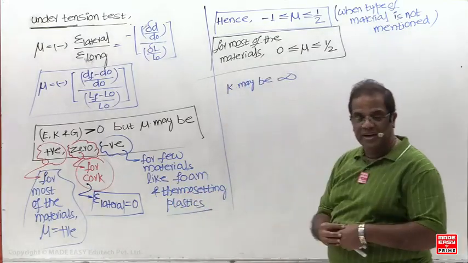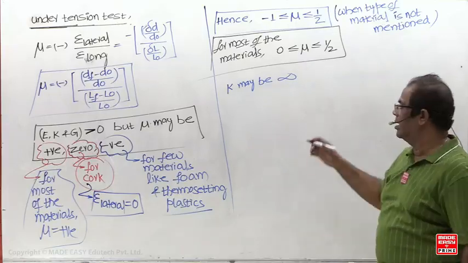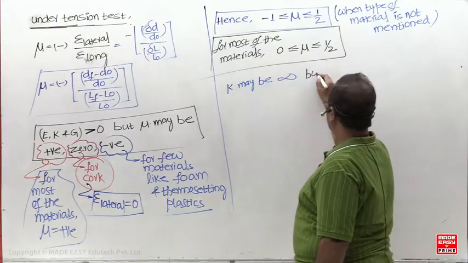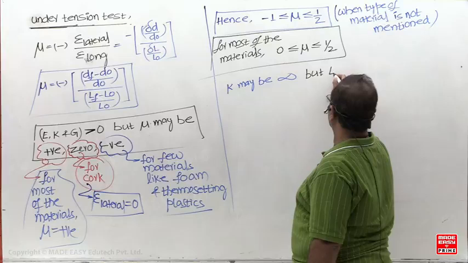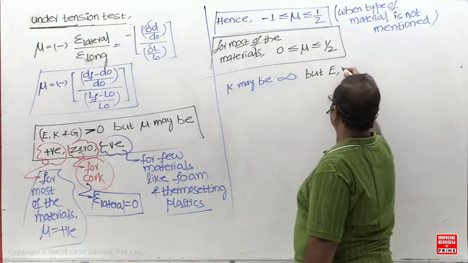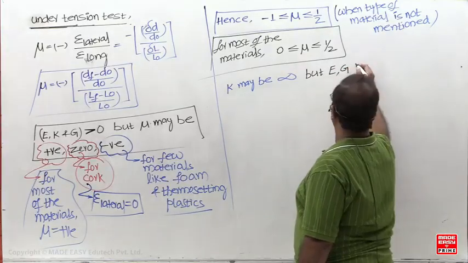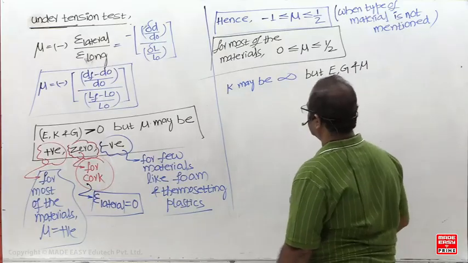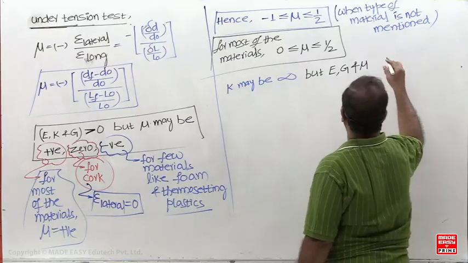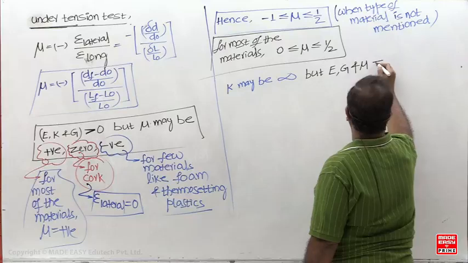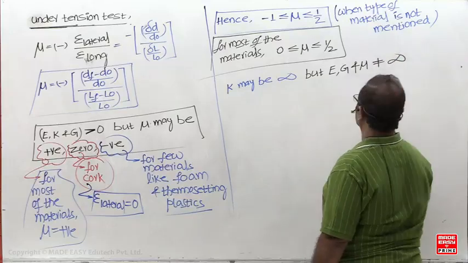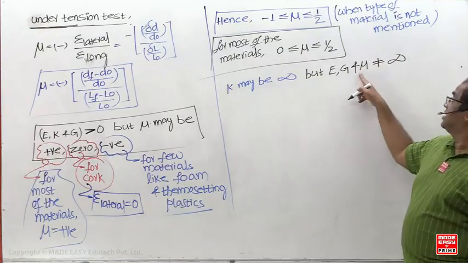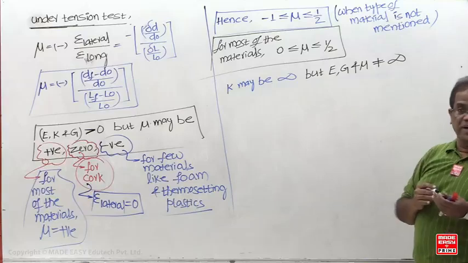K may be infinity. But E, G and mu are not equal to infinity. E, G and mu will never be infinity.